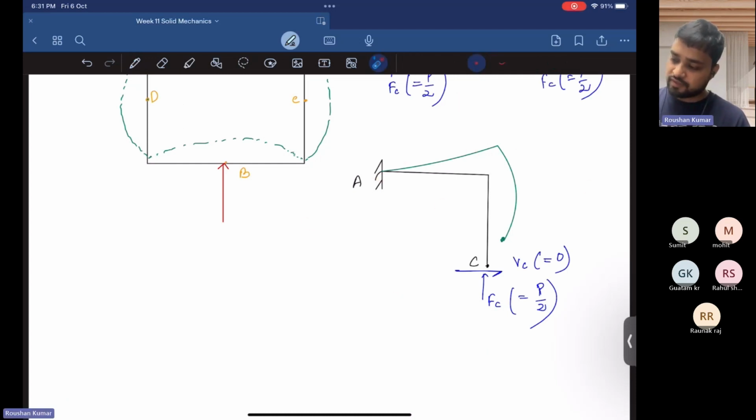The first part is this one and the second part is this one. So I write the FBD for both the parts.